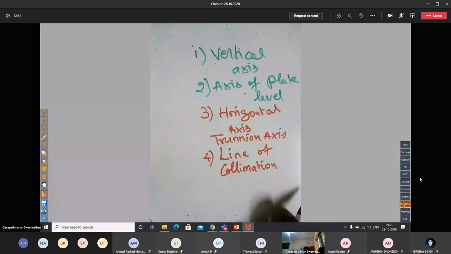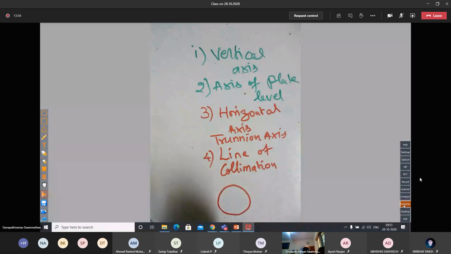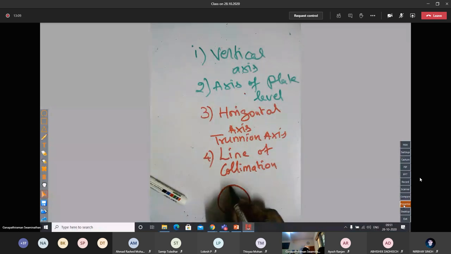The axis of the telescope. In the field of view, you will see a vertical hair and a horizontal hair.